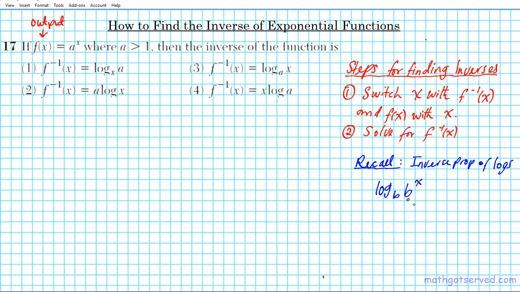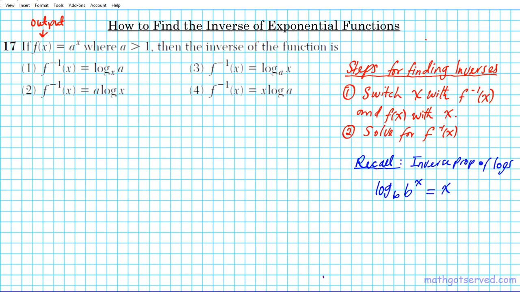If the base of a log and the base of the exponent, that's the argument of your logarithmic function, are the same, guess what? They are inverses. They cancel each other out, and your final answer will be x. Okay? Alright, so this is one of the inverse properties of logarithms.